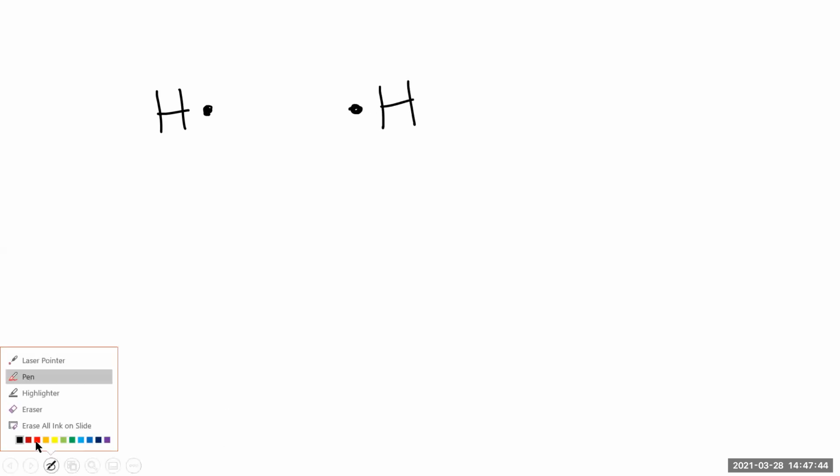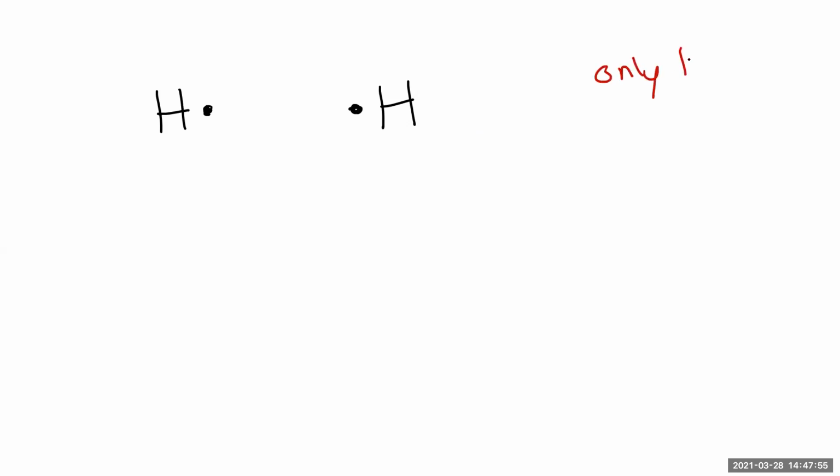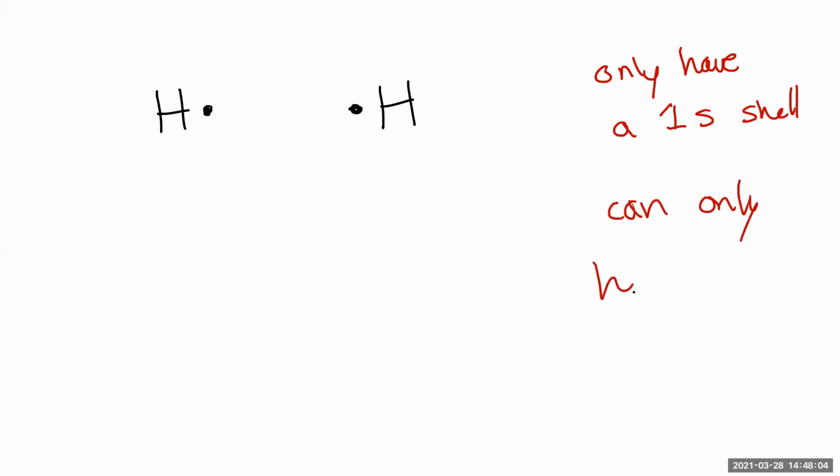If we draw the Lewis structure, the Lewis dot diagram for 2 different hydrogen atoms, like so, you can see that each hydrogen atom, here's one atom, second atom, they only have 1 electron. Now, being in the first period, they only have a 1s shell, which can only hold 2 electrons.